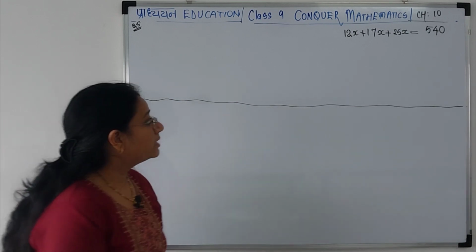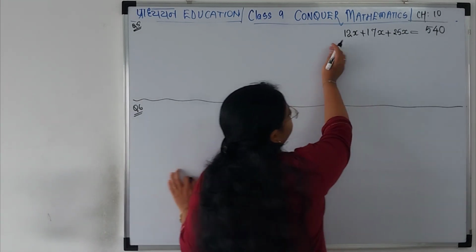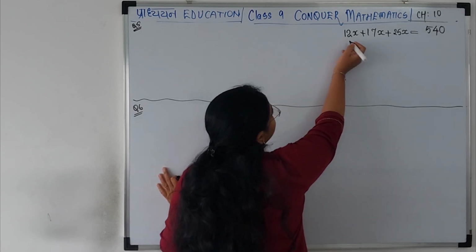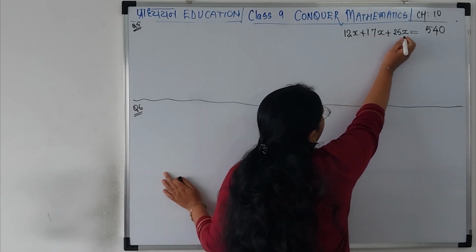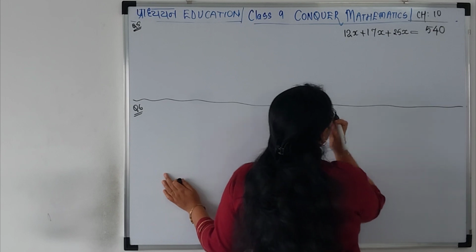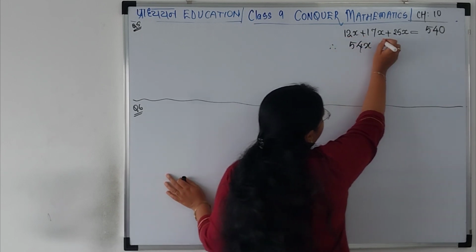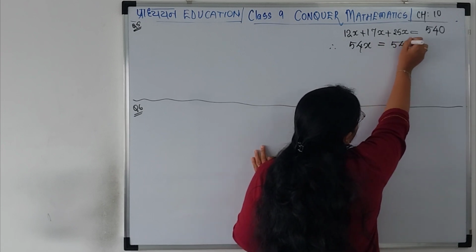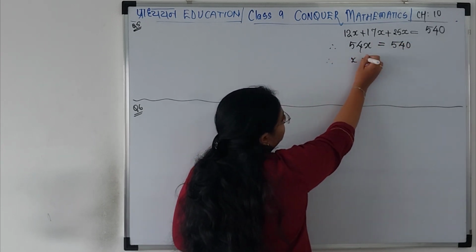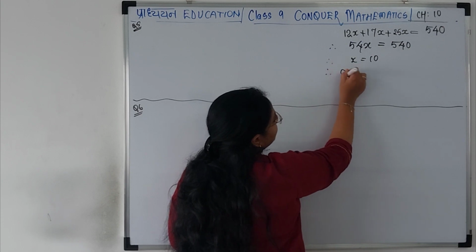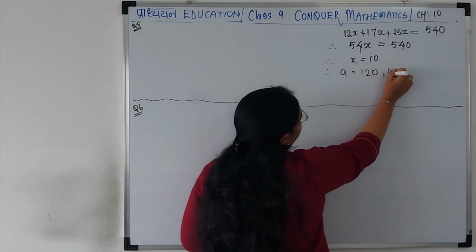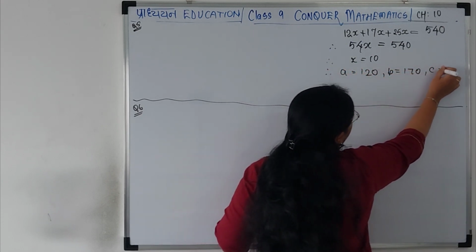Find its area. See, the sides are in the ratio 12, 17 and 25. So we can say 12x plus 17x plus 25x is 540. Therefore, 54x, as you add these three, you get 54x. So x is 10. Therefore, sides are 120, 170 and 250.